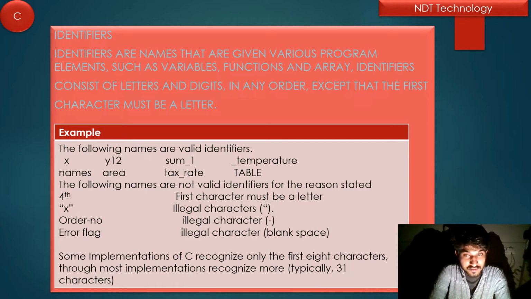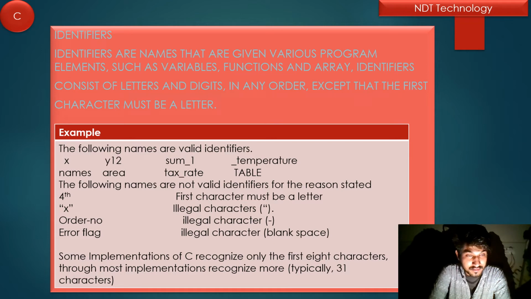But if someone tries to write these kinds of characters, digits or special character sets for writing any program, the following names are not valid identifiers for the reasons stated. Like 4th: look what error will be shown. The first character must be a letter. This will be the error thrown by the compiler.